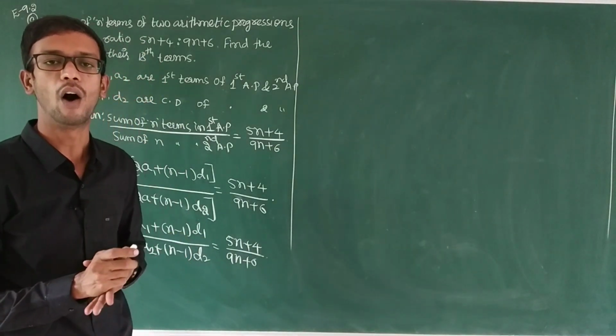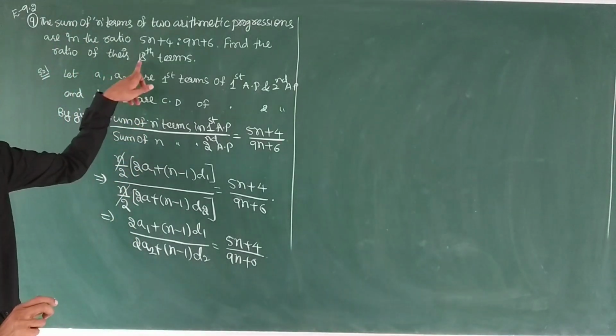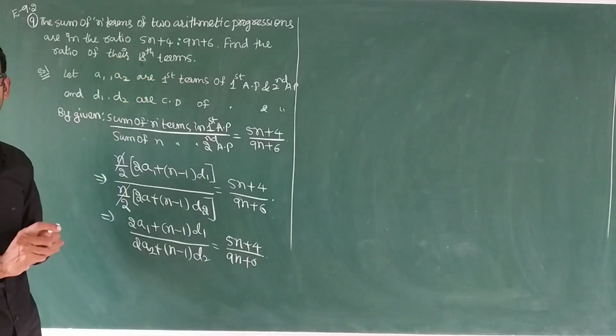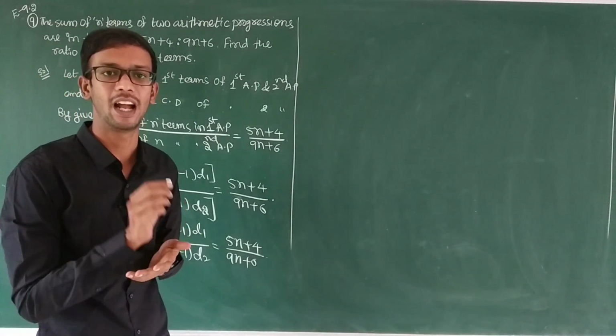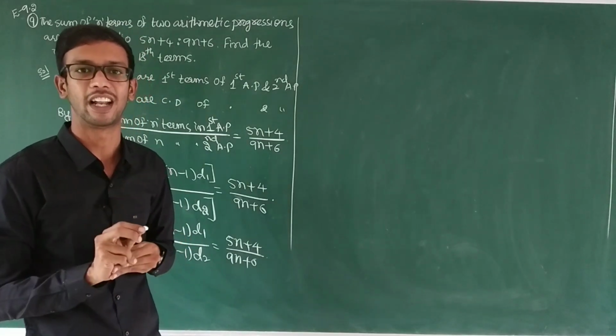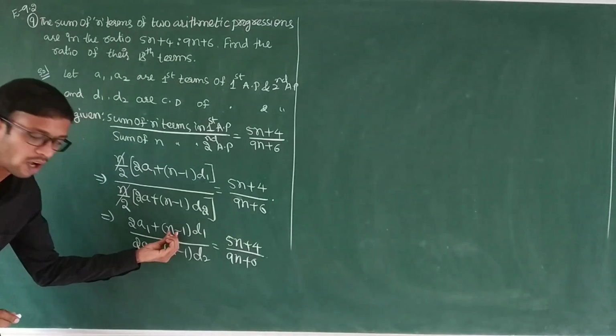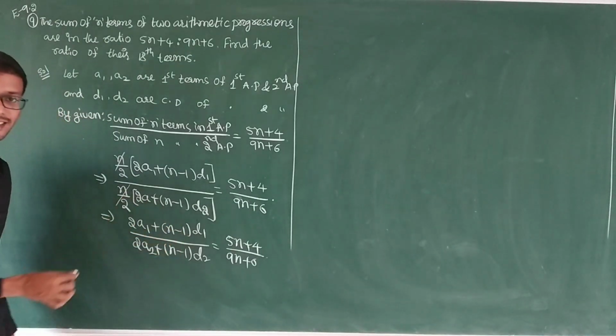How do we take the n value? Actually, we are asked for the 18th term. The 18th term formula is a plus 17d. Here you have to get 17.